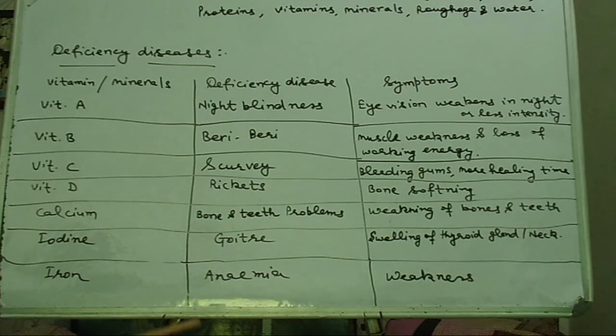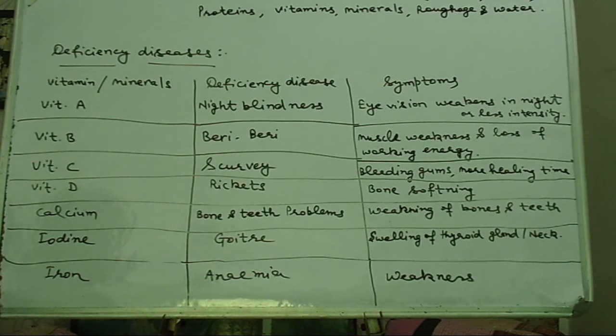Now if we go for some mineral deficiency diseases, these minerals are necessary for our body: calcium, iodine and iron. They are needed in more amount. Calcium we take from milk. Iodine we take from iodized salt; in our pulses and vegetables we add common salt, and that common salt contains iodine.